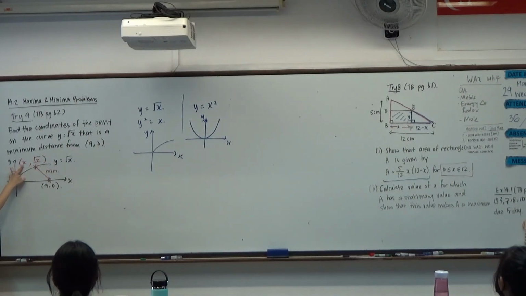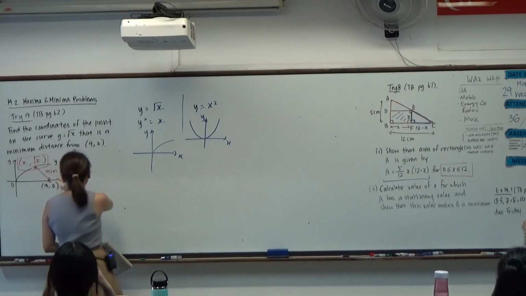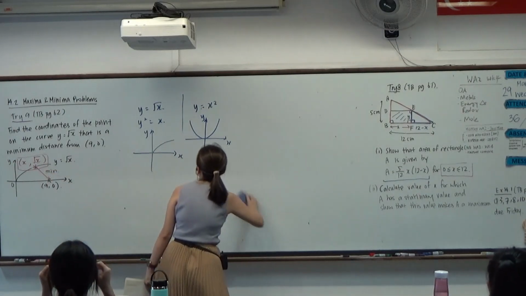When x equals x, your y must equal square root x. So that is the coordinate of that particular point in a generic sense. We want to find the coordinate that gives rise to a minimum distance.